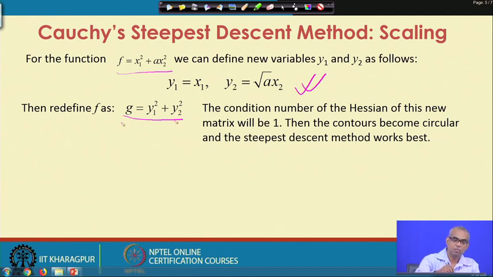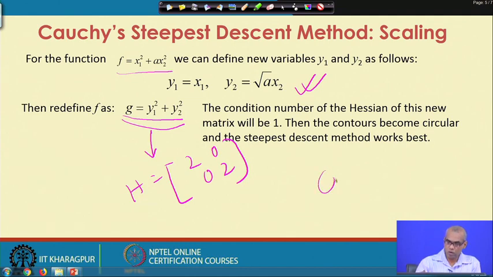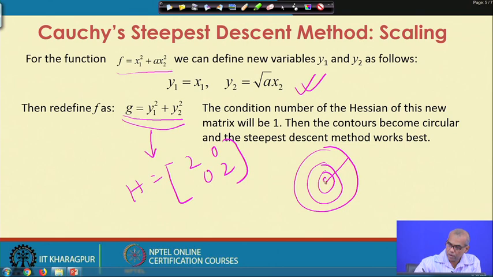Note that for this function, the condition number of the Hessian matrix will be 1, because the Hessian will be 2 0 0 2, a symmetric positive definite matrix. So, the condition number will be 2 by 2 equal to 1 and the contours will become perfectly circular and the steepest descent method will work very well.